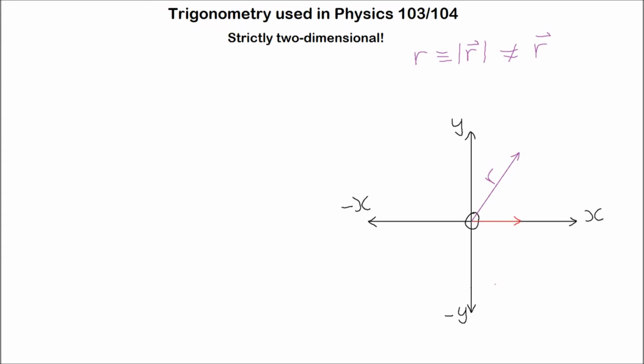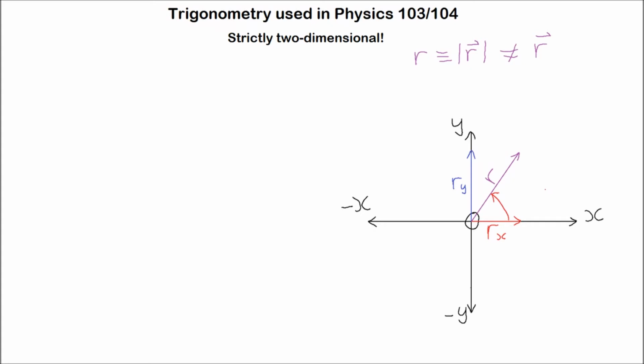The red arrow, which itself is actually a vector, represents how much in the x dimension the r vector is, and I'm going to write it as r subscript x. The blue arrow, which is also a vector, represents how much the r vector in purple is going in the y dimension. So I'm going to label it r sub y.